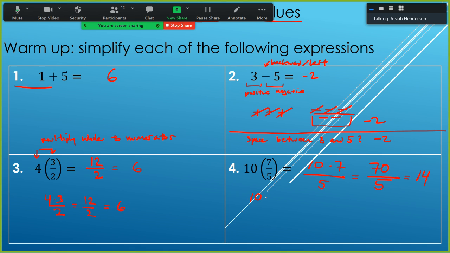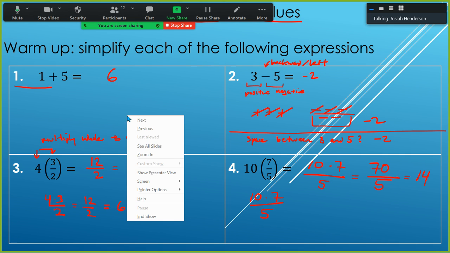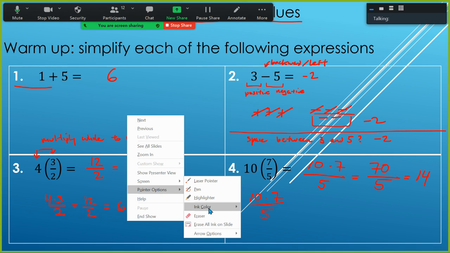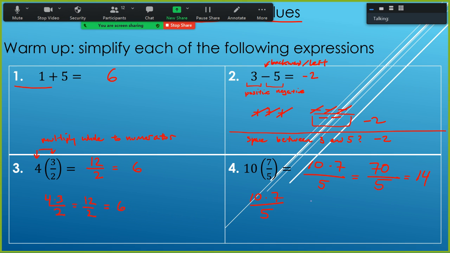You could do this for number 3 as well. So we multiply the 10 to the numerator. Cool. But before multiplying, can I simplify just 10 over 5? Notice how we've got 2 numbers on top. We've got 1 number in the bottom of this fraction.